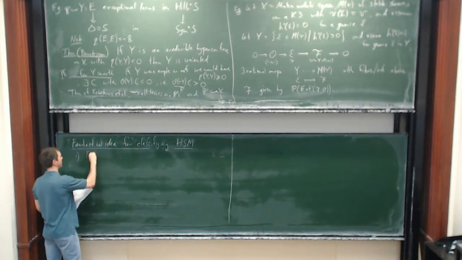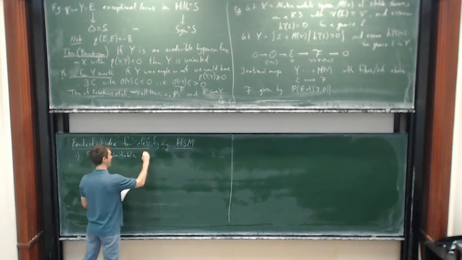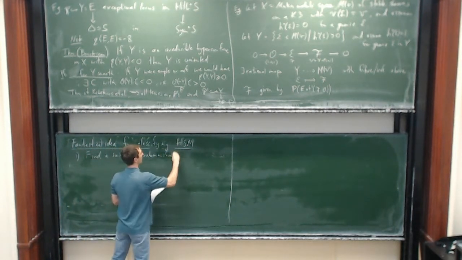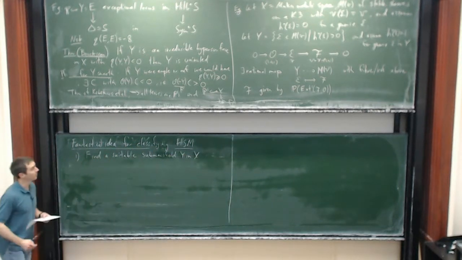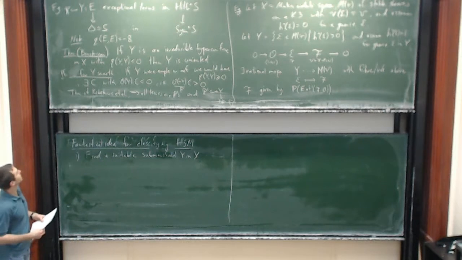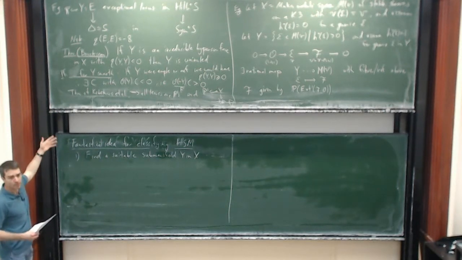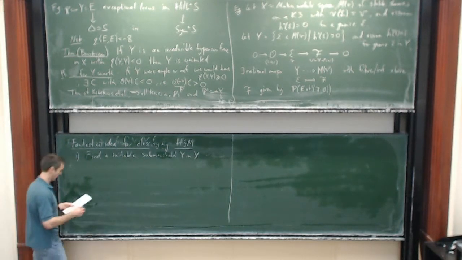So the first step is to find a suitable submanifold Y in X, for example, an effective divisor whose square is negative. Of course, it's very difficult to find such things.